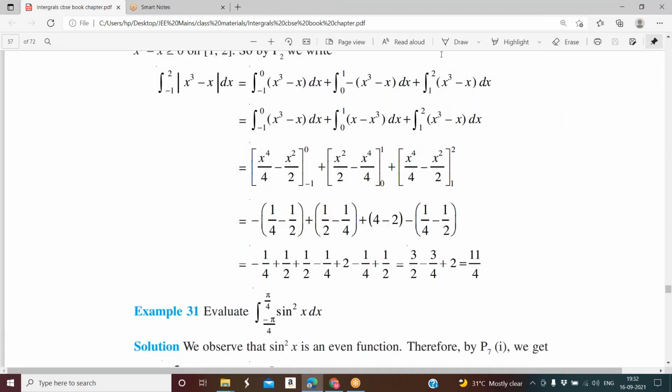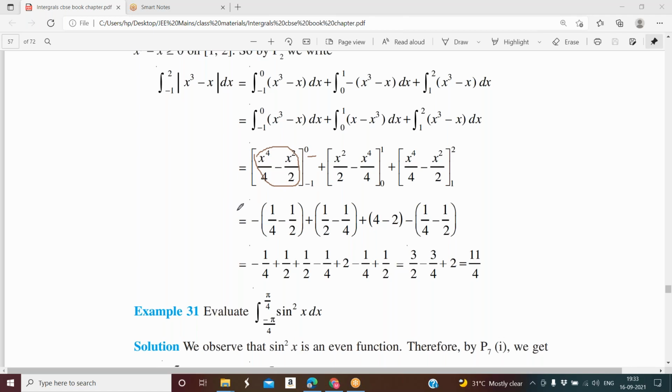Now substitute the limits. In the upper limit, this will be 0. What is the upper limit? 0, right? So in the upper limit, the entire term will become 0 because we have x to substitute. Okay, so if you substitute, then the entire term will vanish. Now substitute the lower limit. How will you substitute?